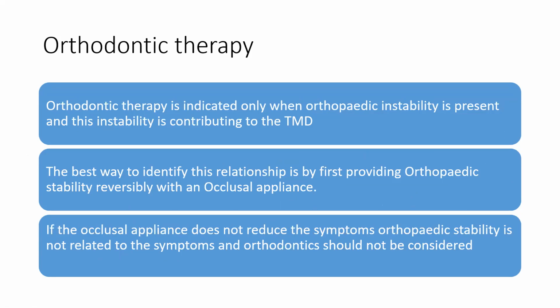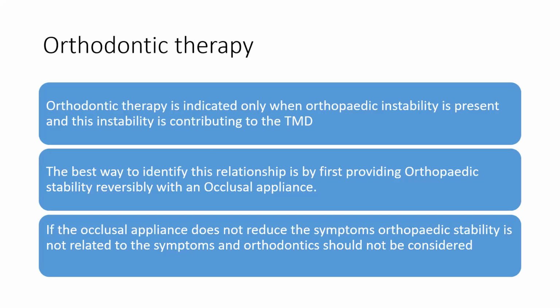So can we perform orthodontic therapy in temporomandibular disorders? Orthodontic therapy is generally indicated when orthopedic instability is present, and when we diagnose that this orthopedic instability is contributing to the temporomandibular disorders. The best way to identify this relationship is by providing orthopedic stability, and this can generally be provided through the use of an occlusal appliance.